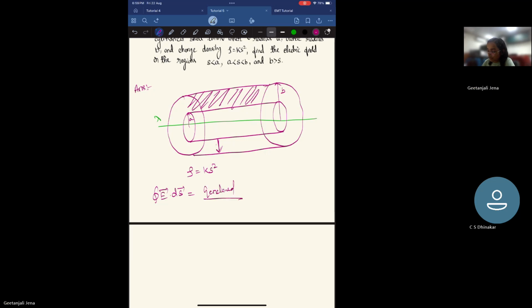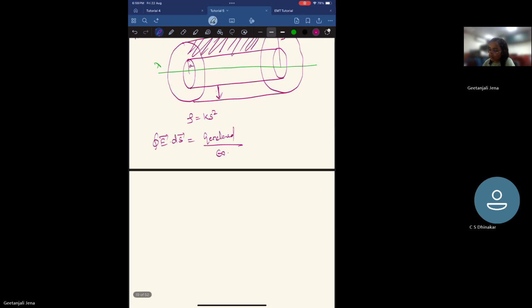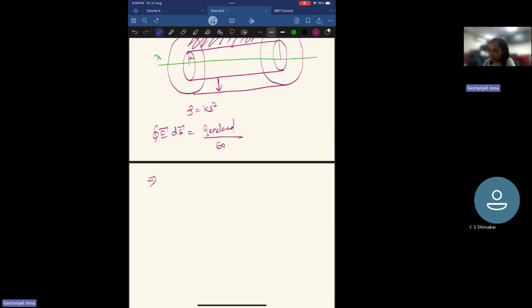So we have E times 2 pi S L, which is Q enclosed by epsilon naught.